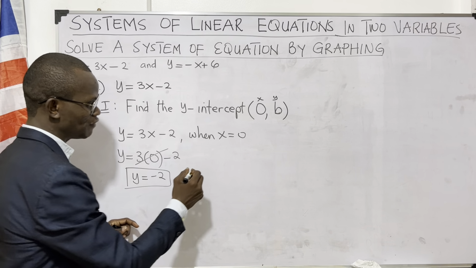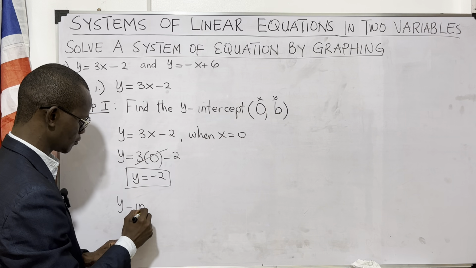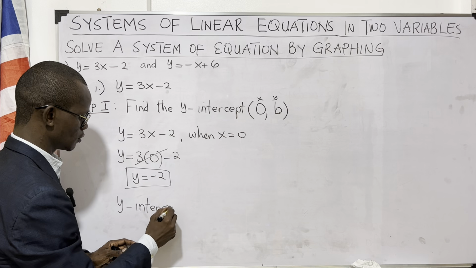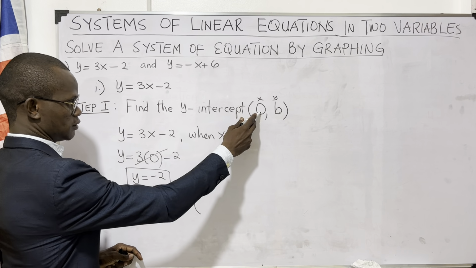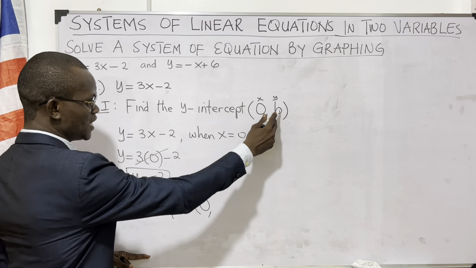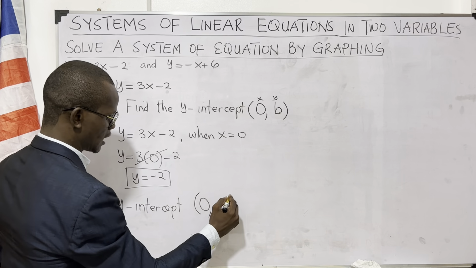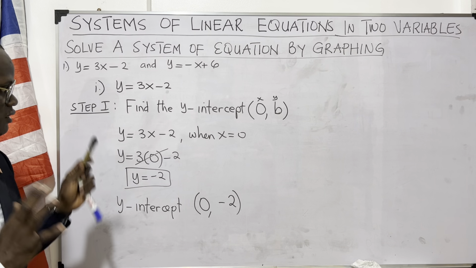Therefore, the y-intercept is the point (0, b), where b is representing our minus 2. So there's the first step.